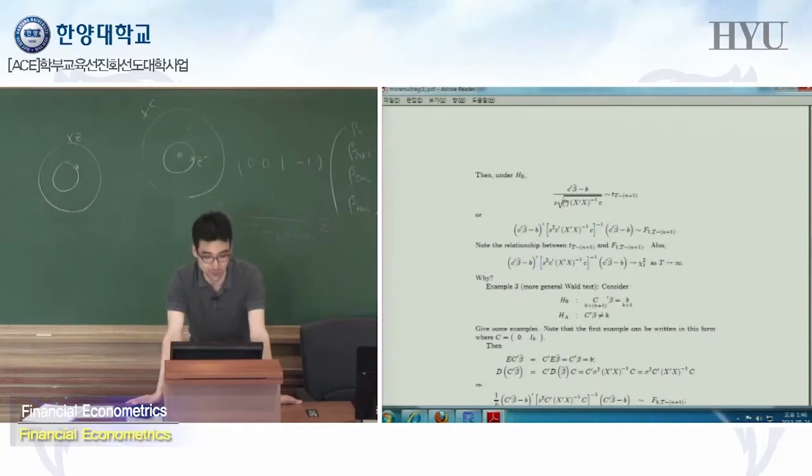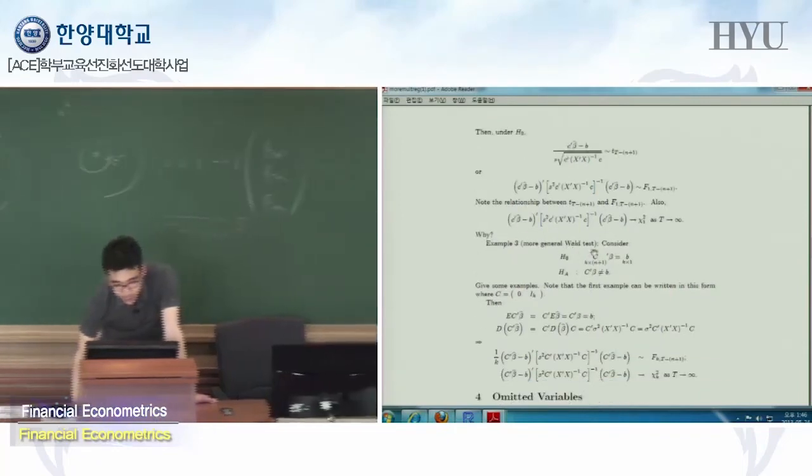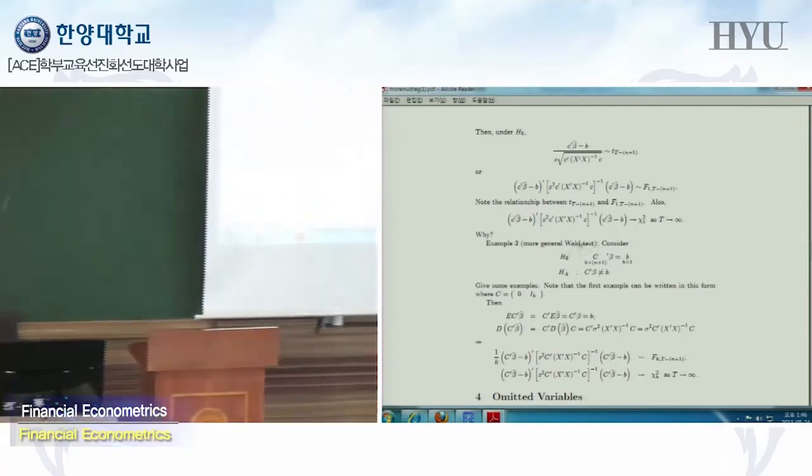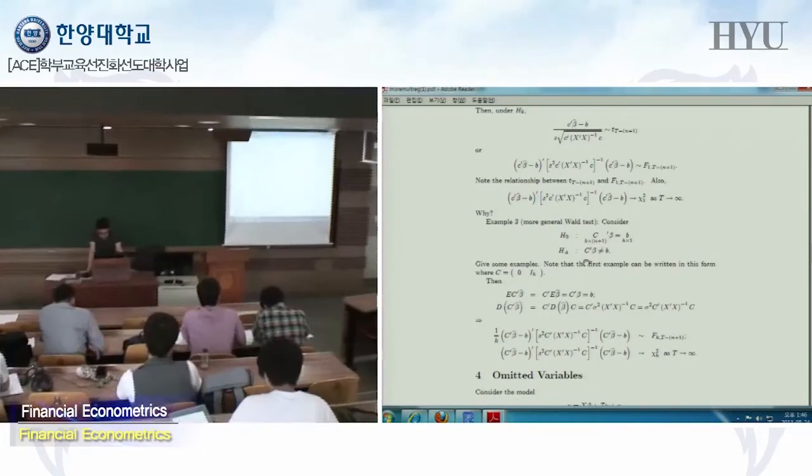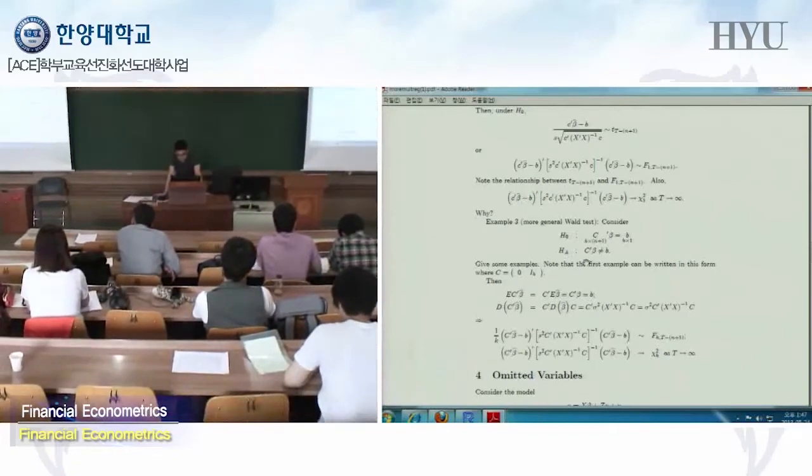Any questions? No. Now, a more general Wald test. Suppose C is now not a vector, C is a matrix. Suppose C is a K by n plus 1 matrix and B is a K by 1 vector.